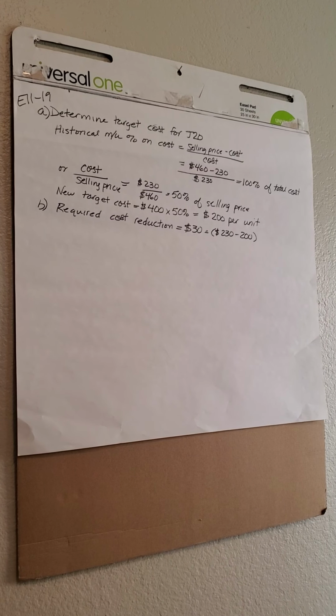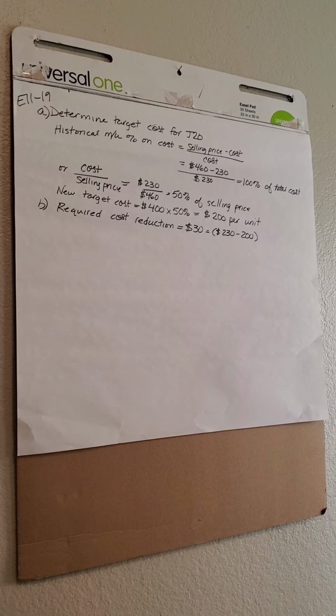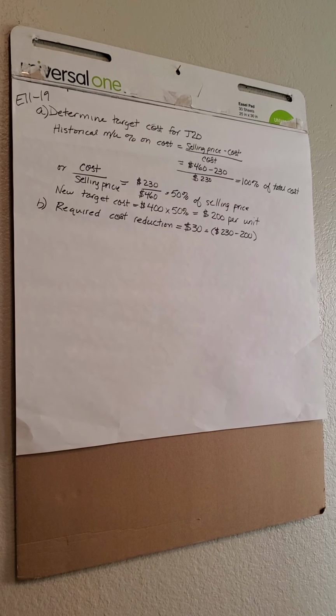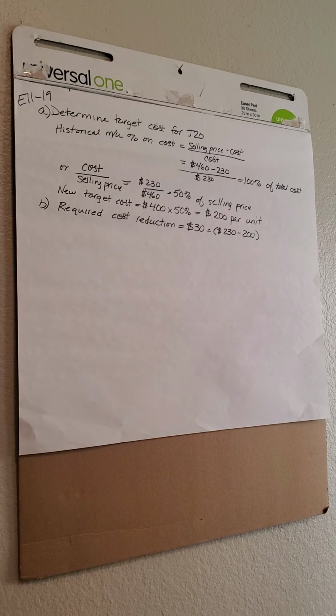So then C is where they have us actually evaluate the 3 engineering improvements to determine if the required cost reduction, also known as drift, can be achieved. Remember, it says do not round interim calculations, but round your final answers to 2 decimal places.